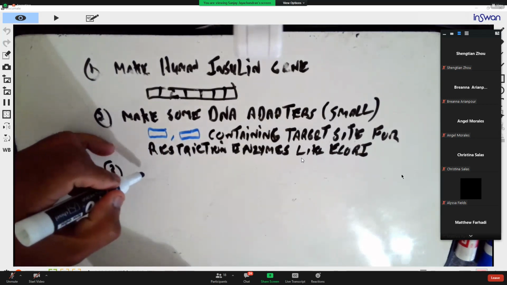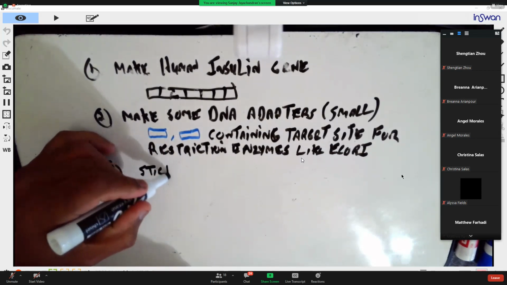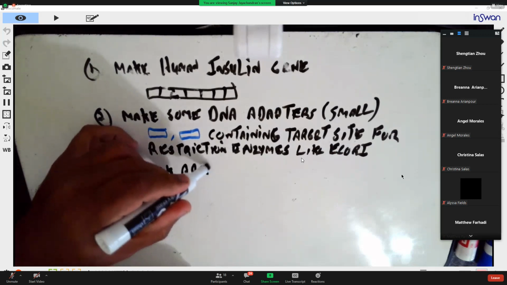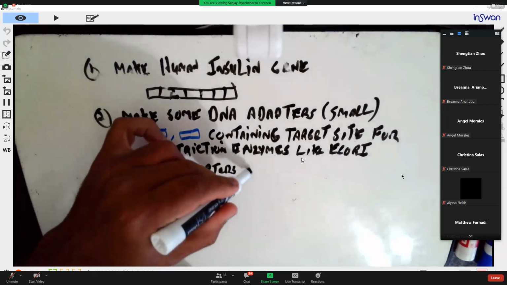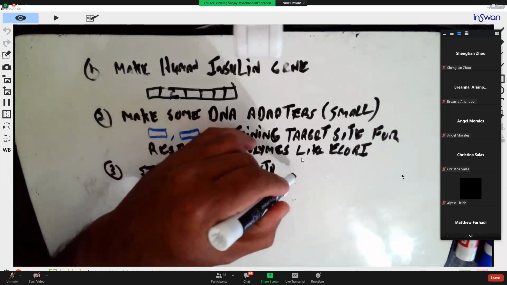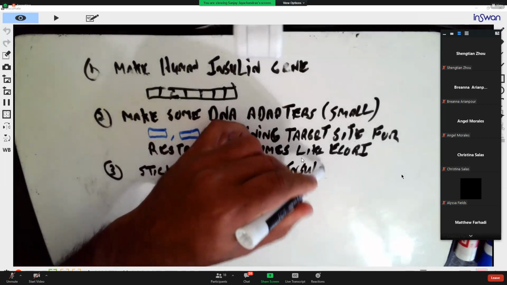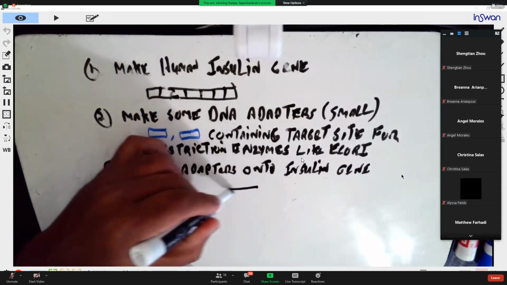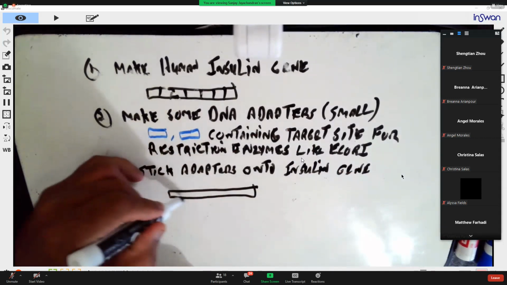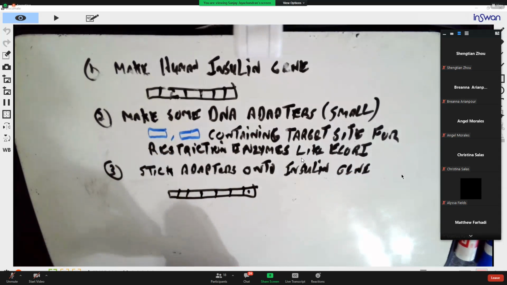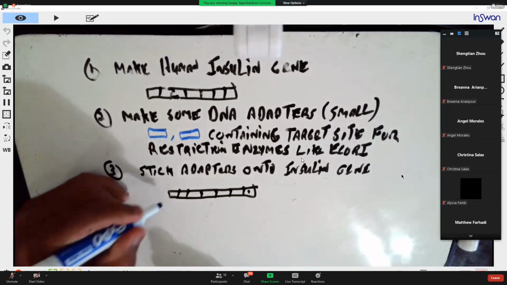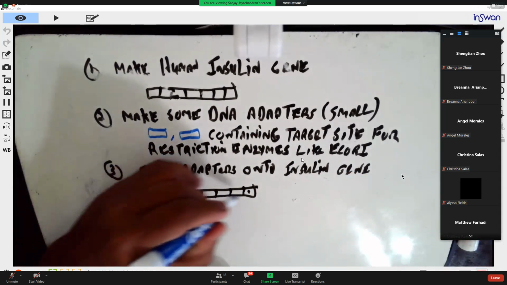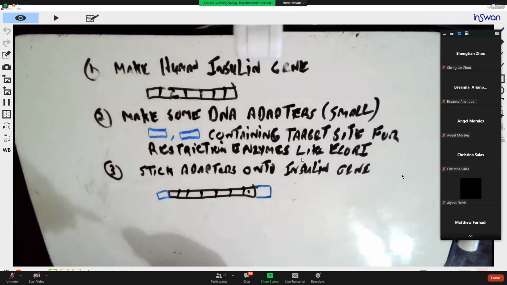Then I'm going to stick adapters onto gene, insulin gene. So here's my insulin gene. I'm gonna stick the adapters onto my insulin gene. So how do I stick them on?